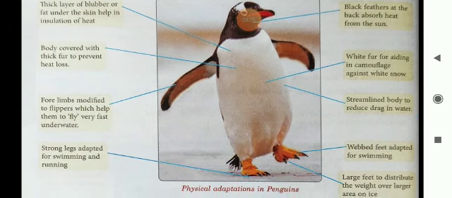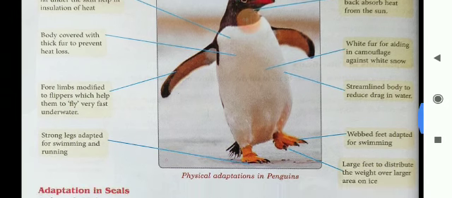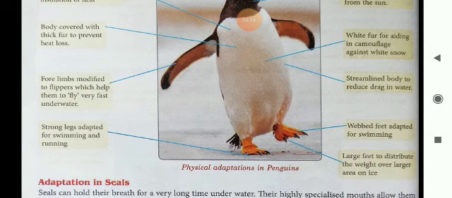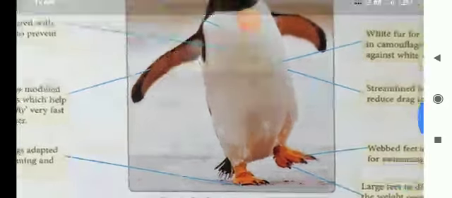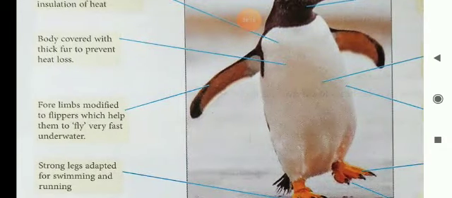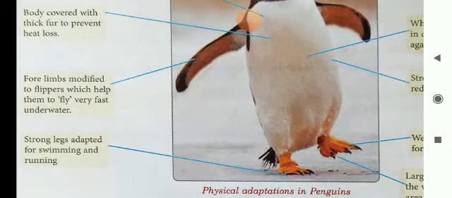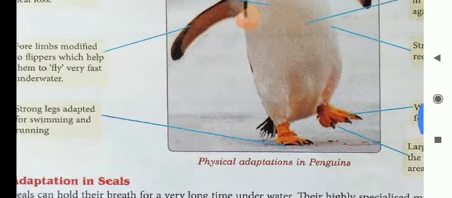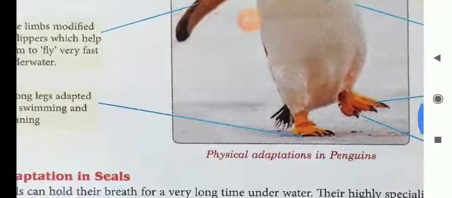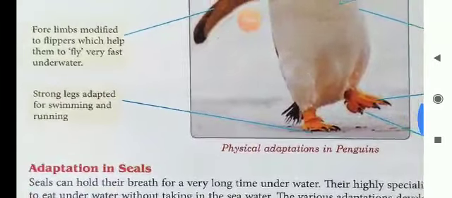Forelimbs modified into flippers help them to fly very fast. You can see here the forelimbs, that means the upper limbs, are modified into flippers which help them to fly very fast underwater. Then strong legs are there for swimming and running.